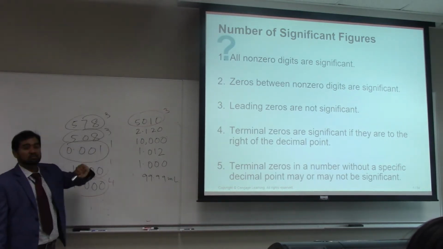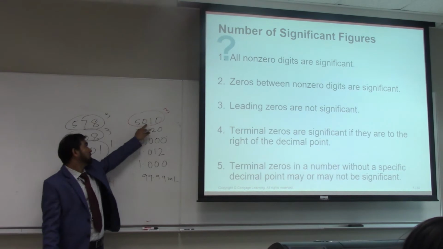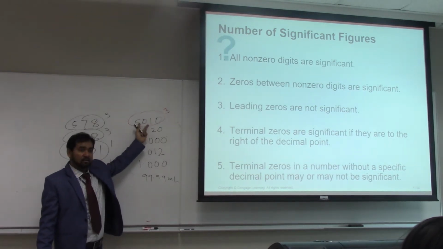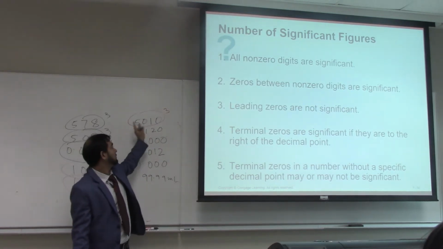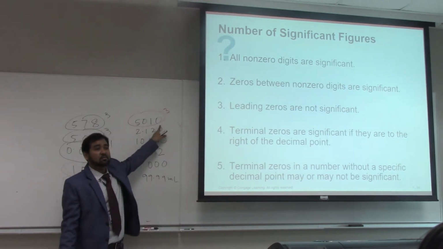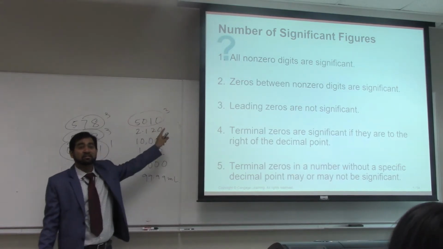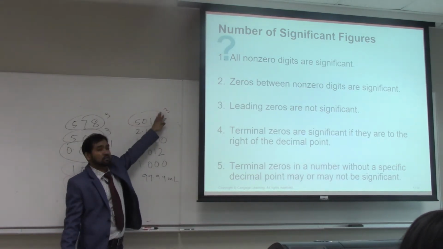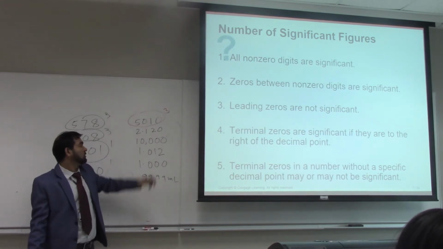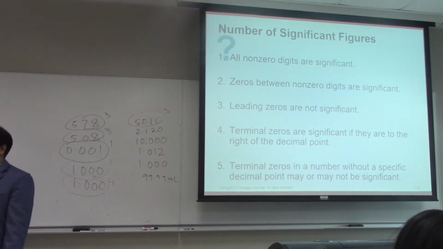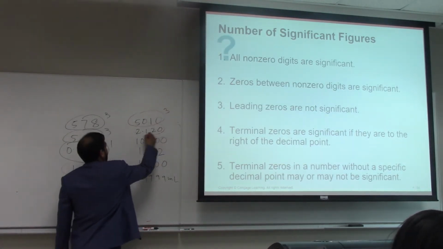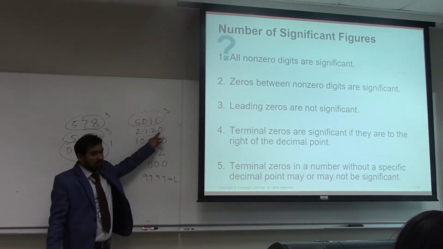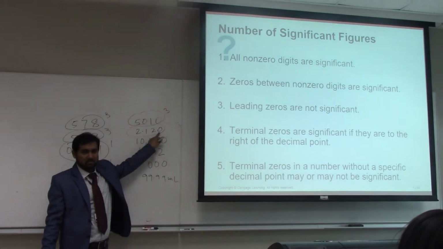So the first one is 3, that's correct. Because zero between non-zero digits is significant. So this is significant, but this is not, because trailing zeros are not significant if there is no decimal. That's why this is not significant. Okay, 2.120. How many sig figures in here? Are these zeros significant or not? This zero is significant.